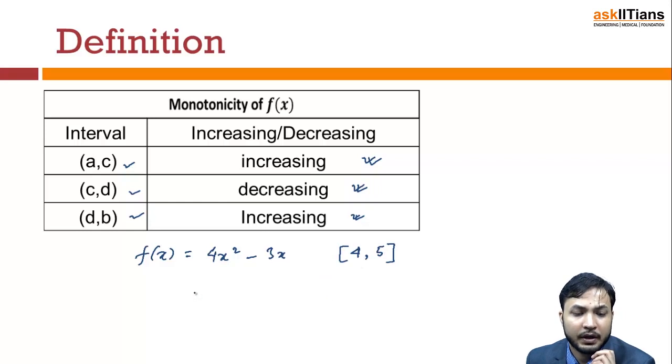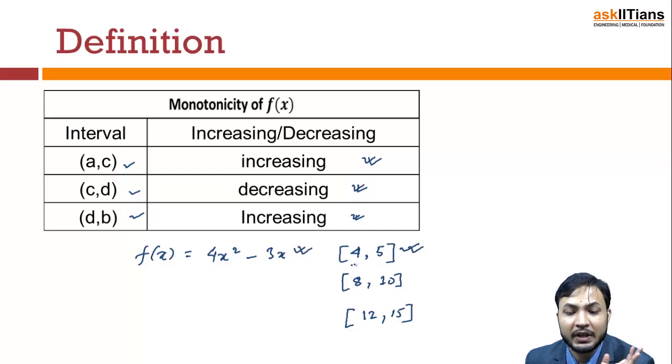Then again at an interval, let's say 8 to 10, it will have different values, and then again from 12 to 15. Now during this period, the values of this function would be increasing. It could be increasing over here or increasing over here.